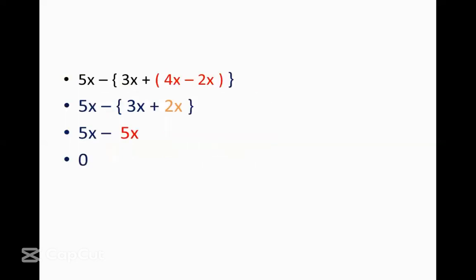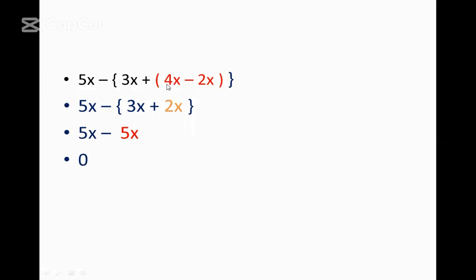This is our first question, that is 5x minus braces, then 3x plus parenthesis 4x minus 2x, then parenthesis, and then braces. First of all, we are going to solve our first bracket, that is parenthesis, in red color.